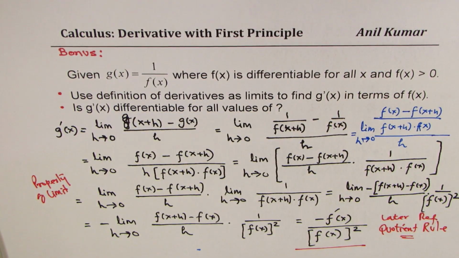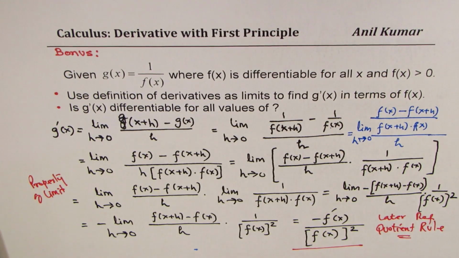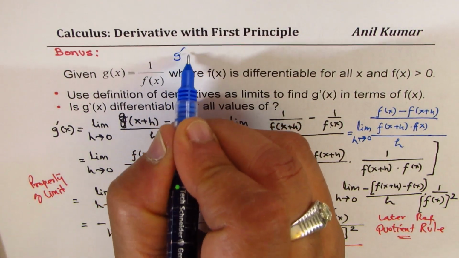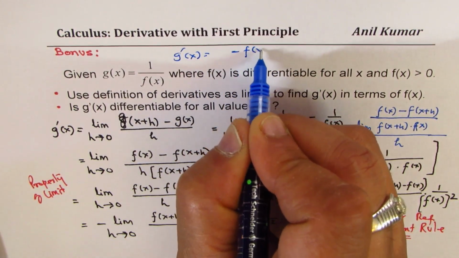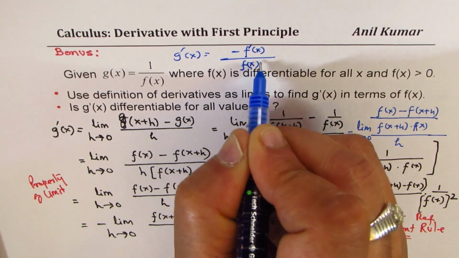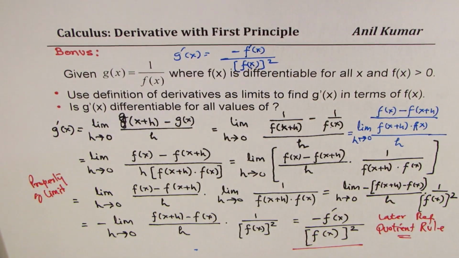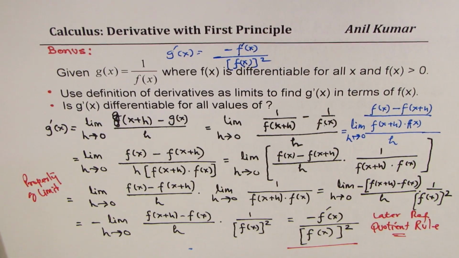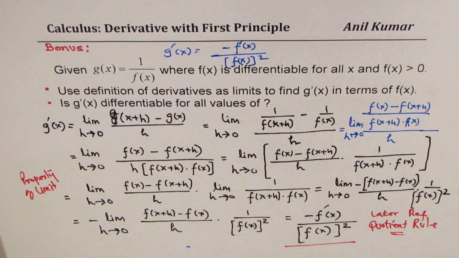So the answer is, we can write here on the top, g dash x is equal to negative of f dash x over the square of f of x. So that's how we could do it. I hope it is absolutely clear. Go through this proof once again. It's very important from a test point of view.